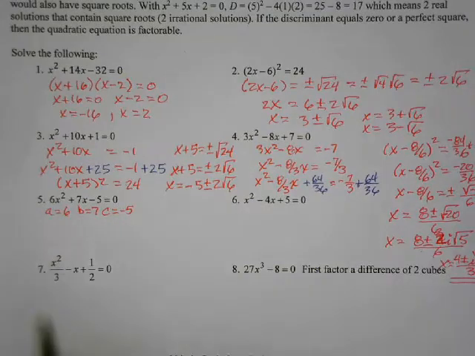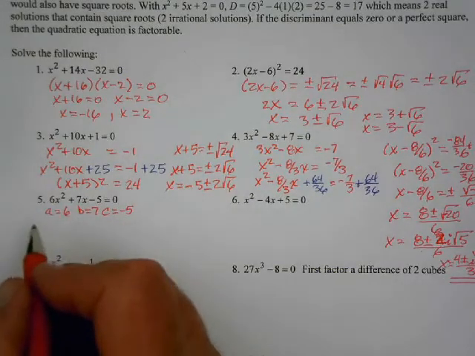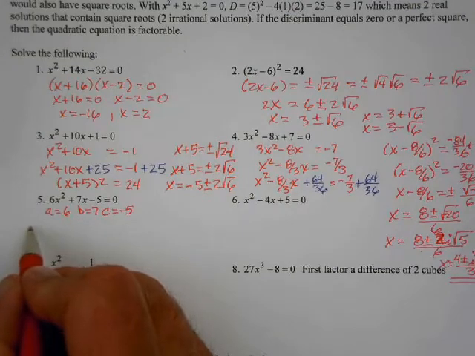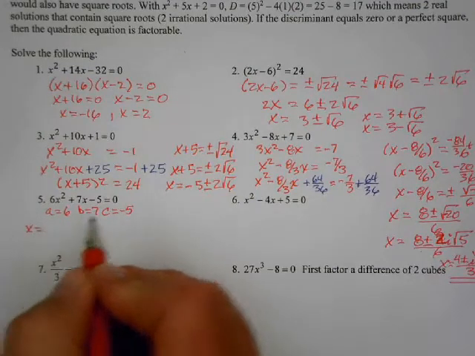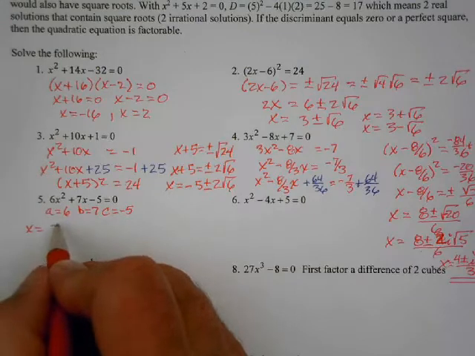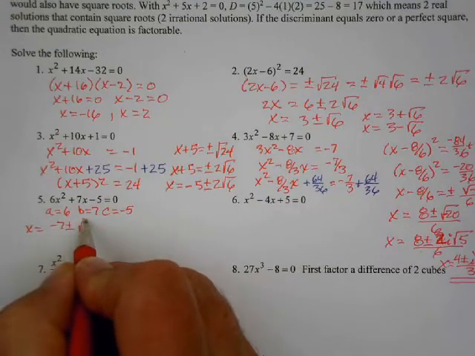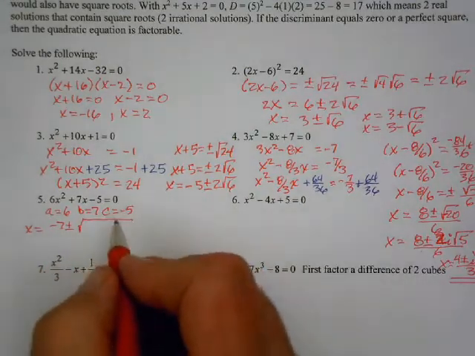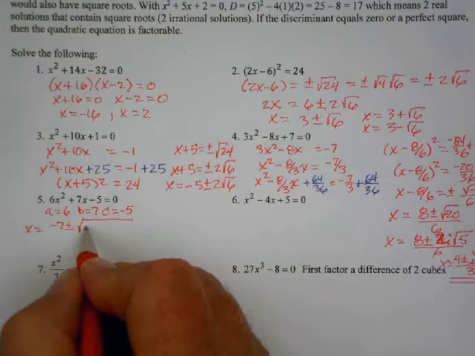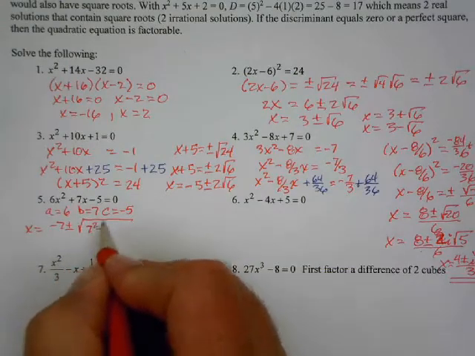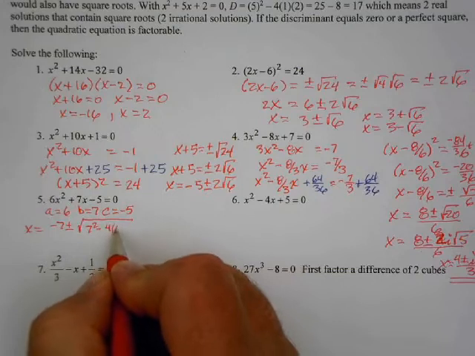So let's see, we got x equals negative b, so that's negative 7 plus or minus 7 squared, minus 4 times a times the c. Please note, that's a negative, that's another negative.